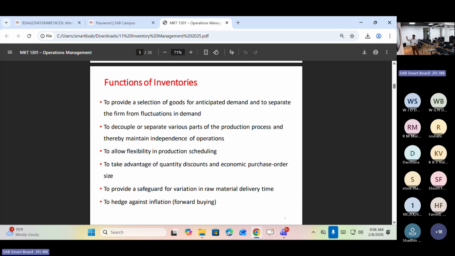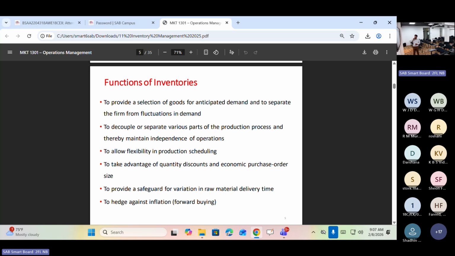There are a few points that I have taken from textbooks. Very clearly they explain that inventories perform critical functions in business. That is why without inventories, it's very difficult to manage operations. Let's take them one by one quickly.